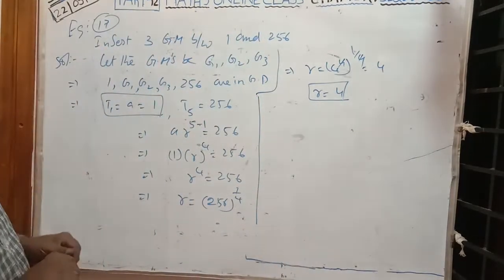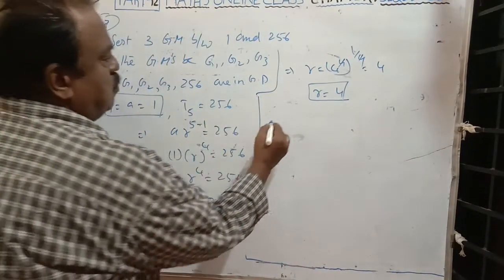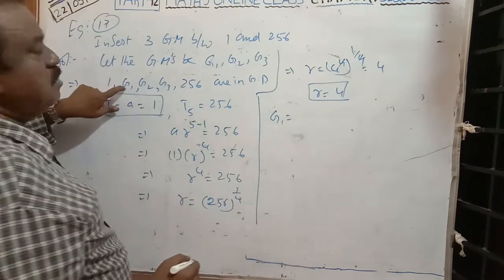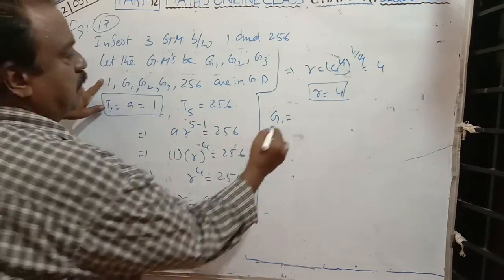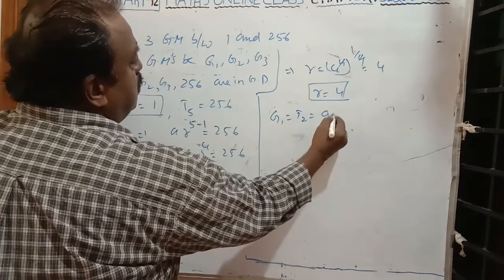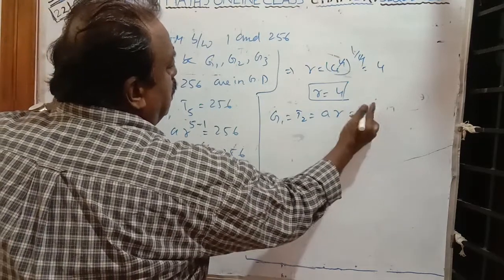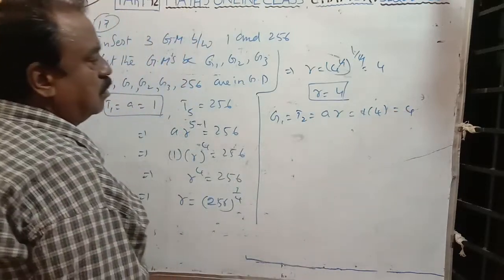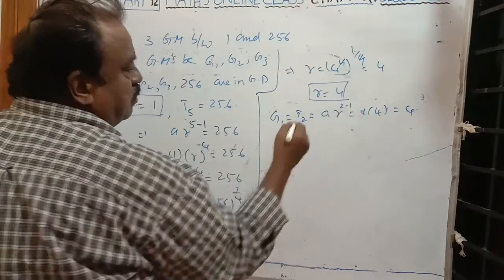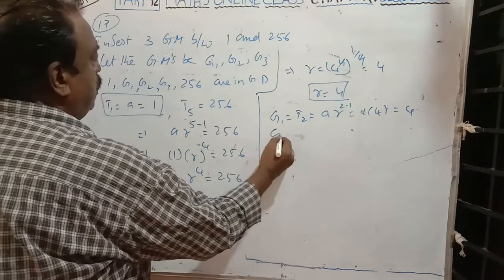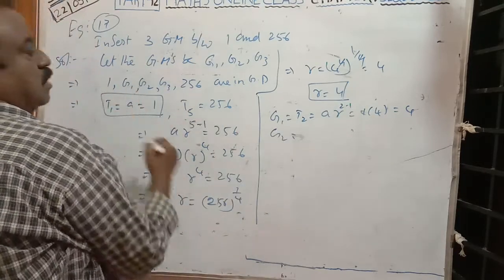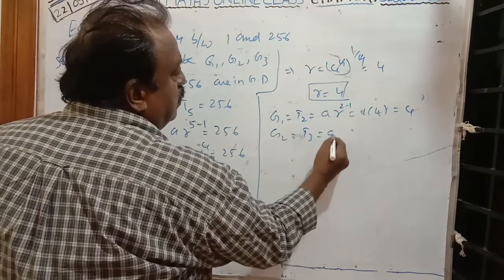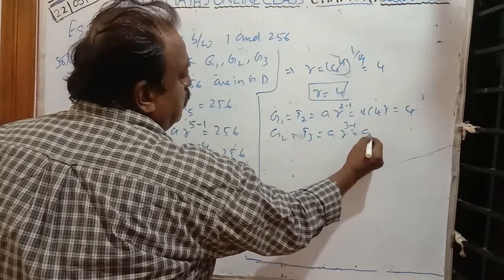Now you say G1. What is G1? G1 is the second term. Second term is AR, A is 1 into R is 4, that is 4. AR power 2 minus 1 actually. G2 is the third term, that is AR power 3 minus 1, that is AR square.